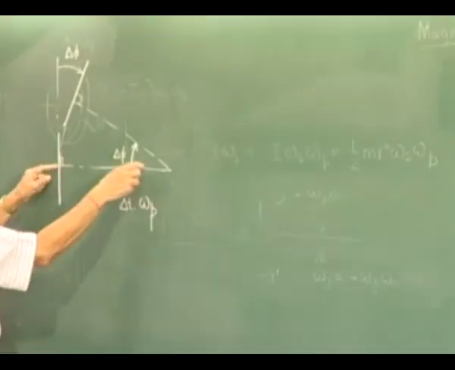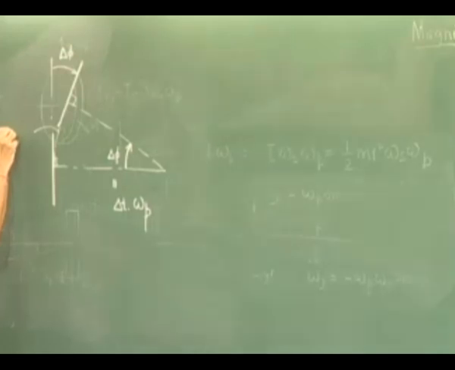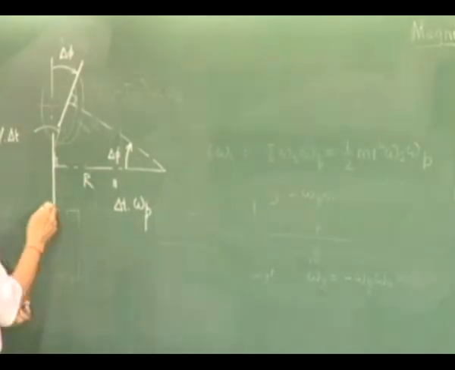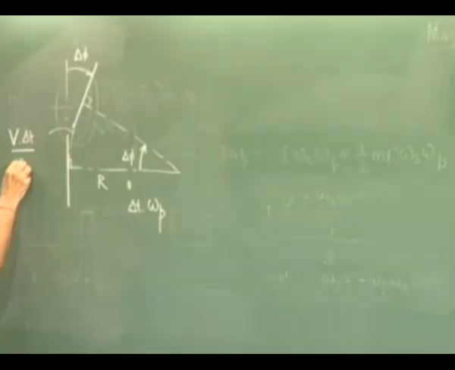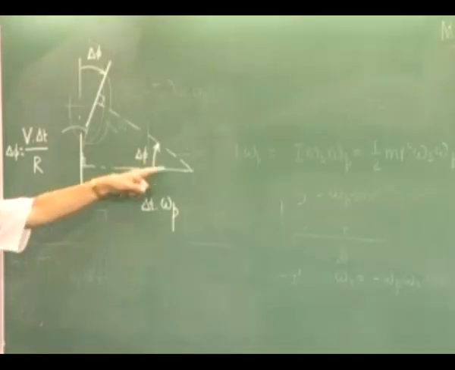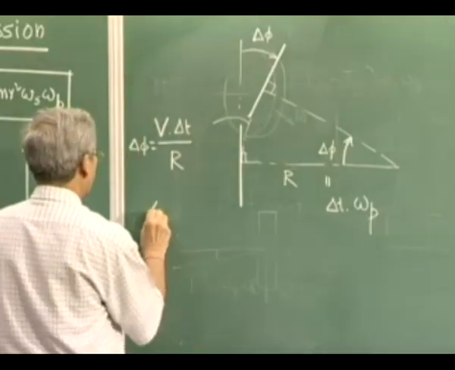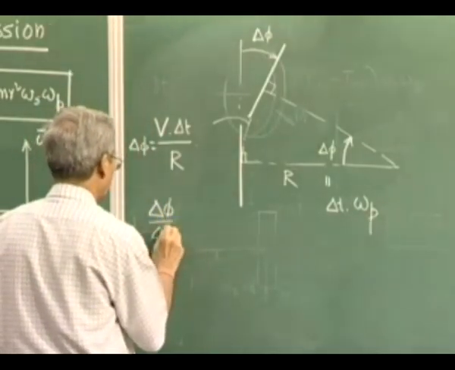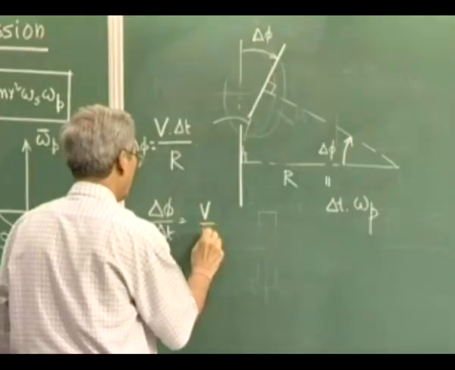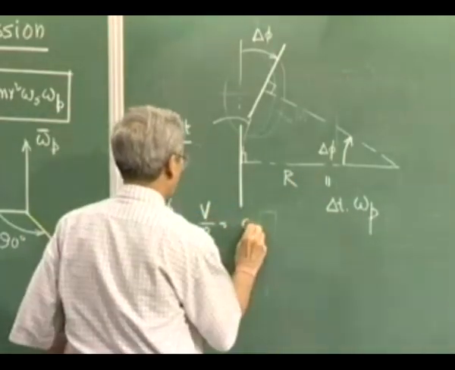And we know that this is nothing but this length, which is velocity into delta t when delta t is small, divided by this radius, that is delta phi. Delta phi into r is this arc length, and in this small limiting case this is nothing but v into delta t. So delta phi by delta t is nothing but v by r, and we have seen that this is omega p.